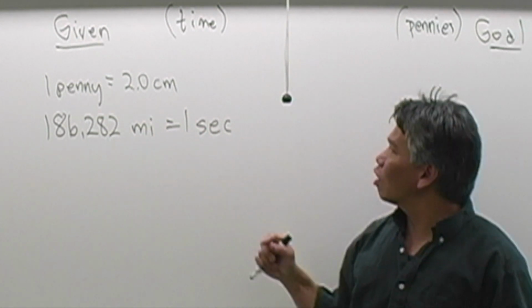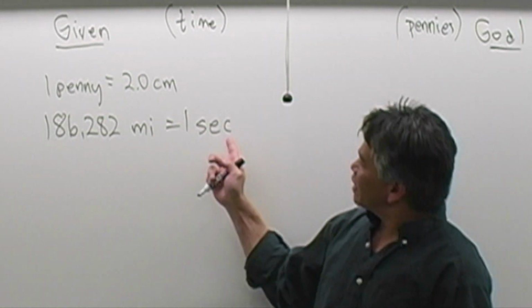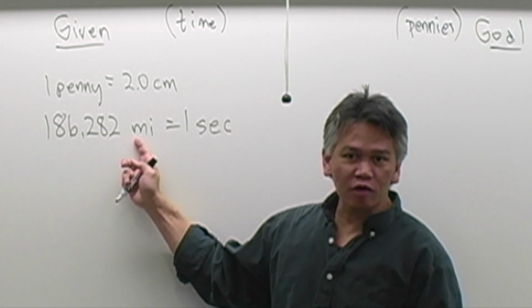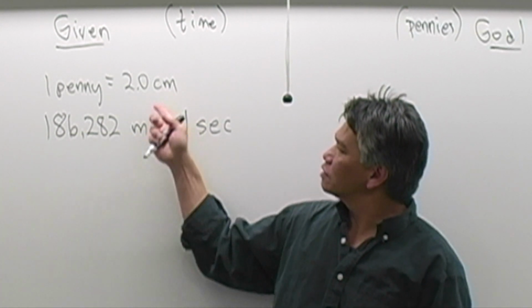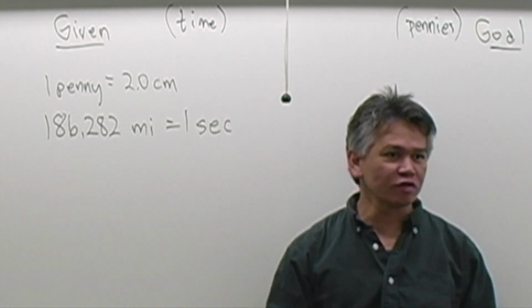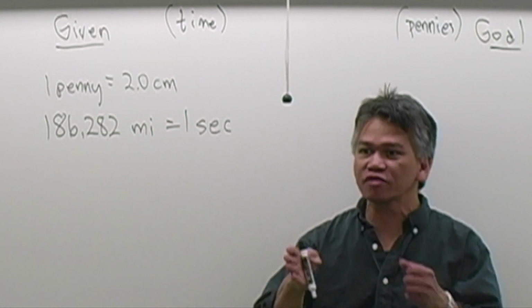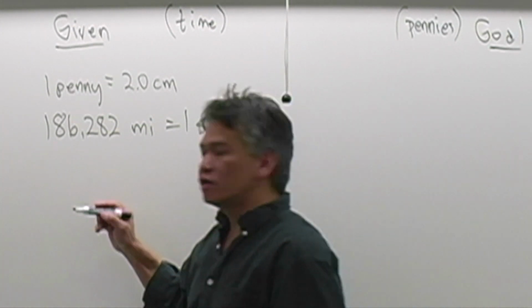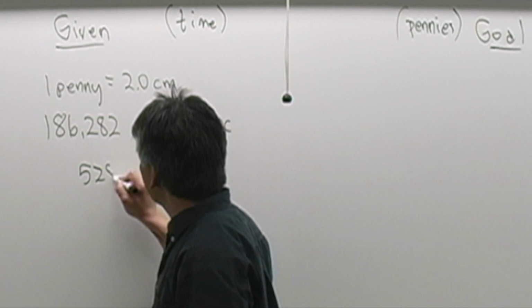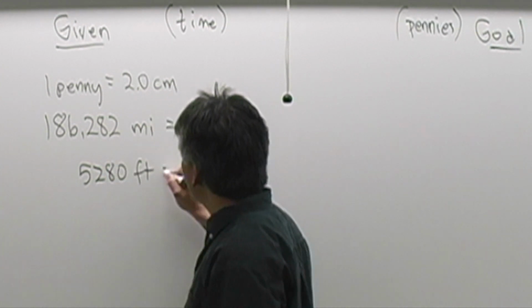Okay, so we can certainly see that time and miles are related. And then in this conversion factor, we can see miles, which is the length related to centimeters. So we need a conversion factor that will take us from miles to centimeters. We can do 5280 feet equals 1 mile.